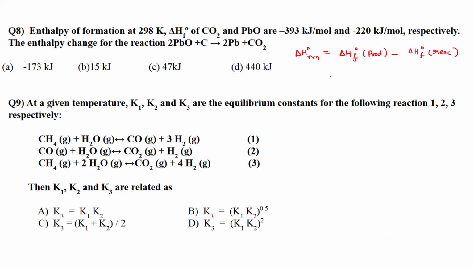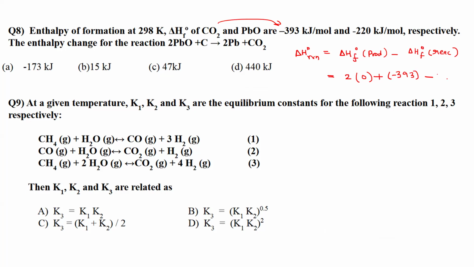So here we have the products Pb and CO2. Since Pb is in its standard state, the solid state, it is 0, plus the CO2 has a formation of minus 393. So minus 393, minus delta H formation of PbO.